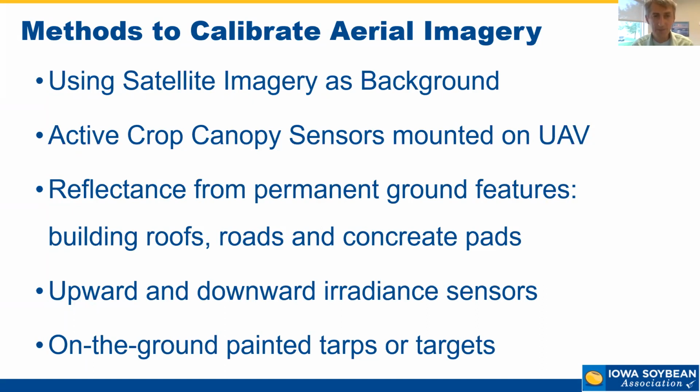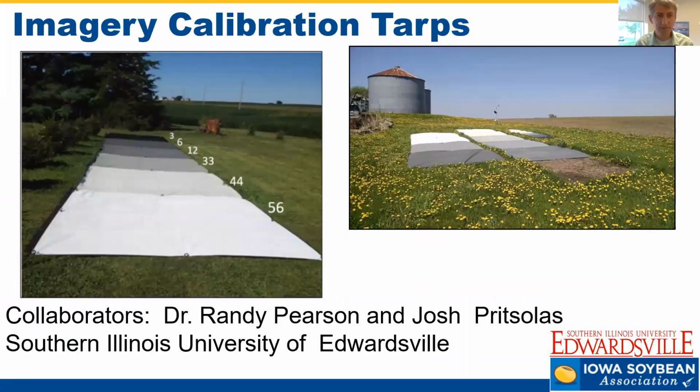All of these potential ways can be used to calibrate imagery, but we decided to use a slightly different way, the most reliable. These are so-called manufactured imagery calibration tarps. We worked with a group from Southern Illinois University Edwardsville, with Dr. Randy Pearson and his student Josh, and they recommended that we purchase these tarps.